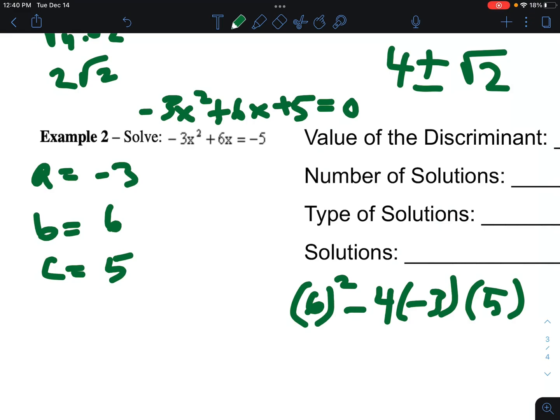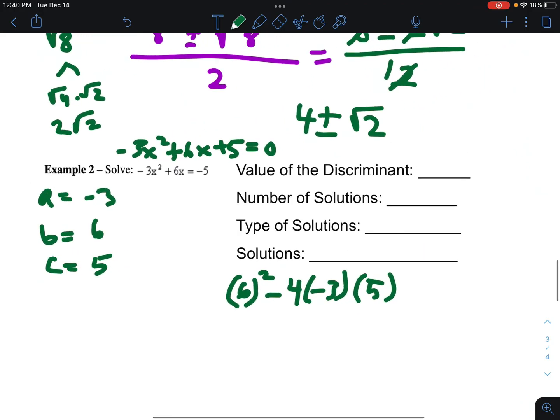And those are both negatives. 12 times 5 gives us a grand total of 60. So we have 64 plus 60, which is 124. So this is going to be number of solutions. 2 real. Better find them out.